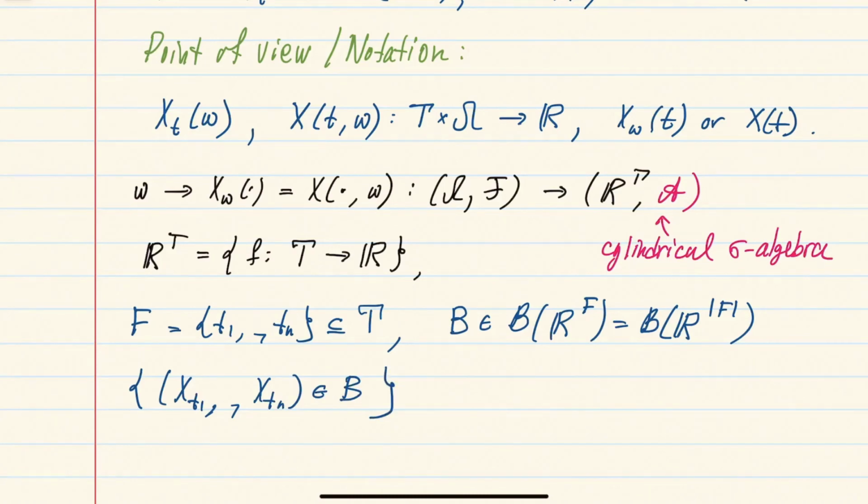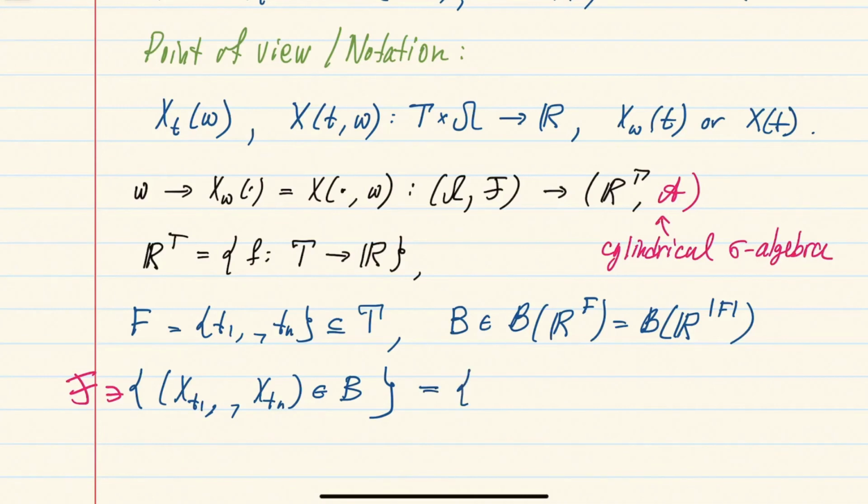It belongs to the sigma algebra F on our probability space, simply because we agreed that these X_t are all random variables. But of course, you can also rewrite this event from the point of view of X as a function of t.